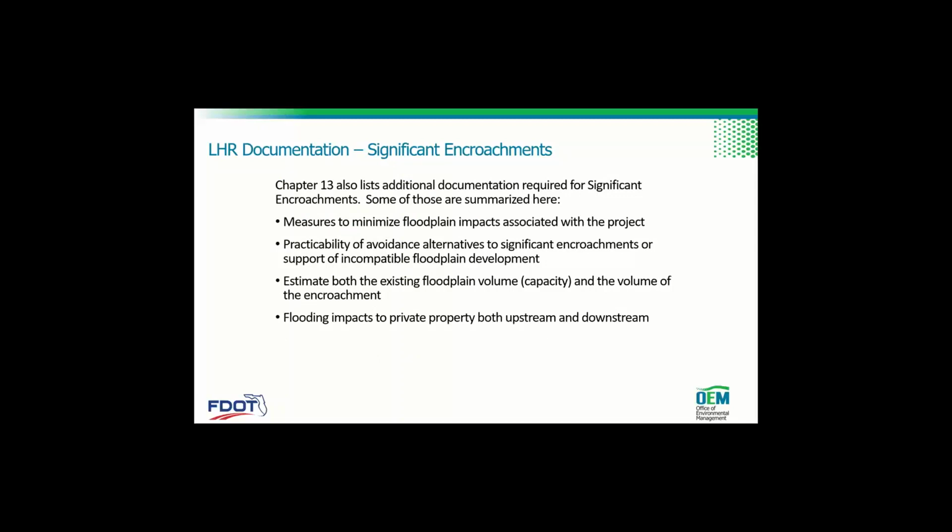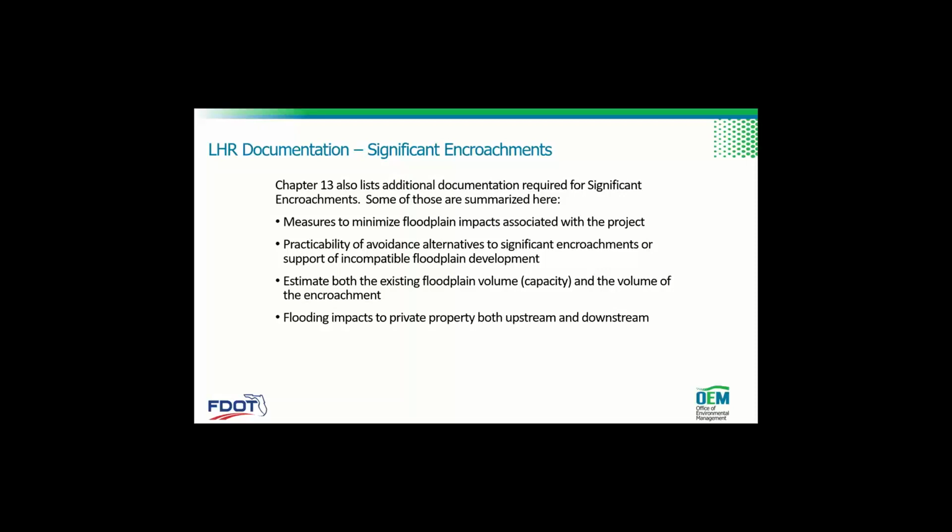Okay, so Chapter 13 also lists additional documentation. So measures to minimize floodplain impacts associated with the project, practicability of avoidance alternatives to significant encroachments or support of incompatible floodplain development, and estimate both the existing floodplain volume and the volume of the encroachment.